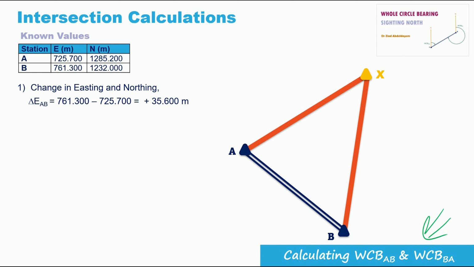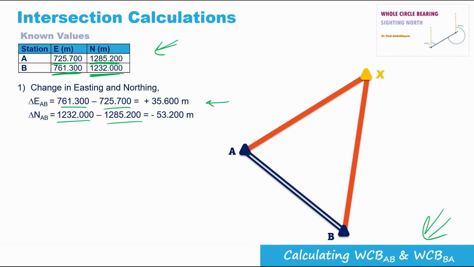The change in easting, delta E AB, is easting of B minus easting of A. From the table, this is easting of B and this is easting of A. The difference between them, in this case, I calculated to be 35.6 meters. And then we are going to calculate delta N, the change in northing, which is northing of B minus northing of A. This is northing of B in the table, and this is northing of A.